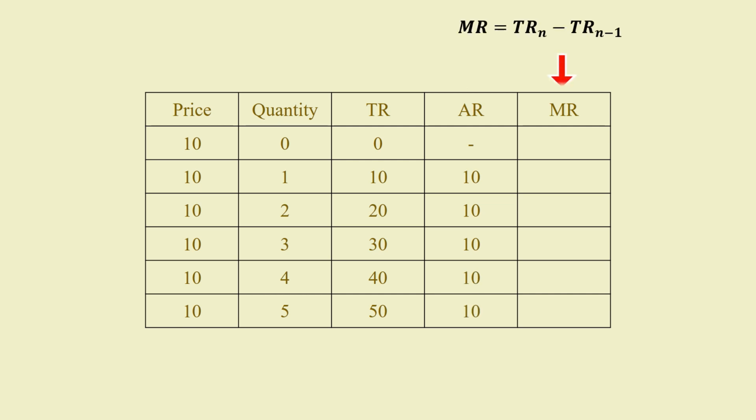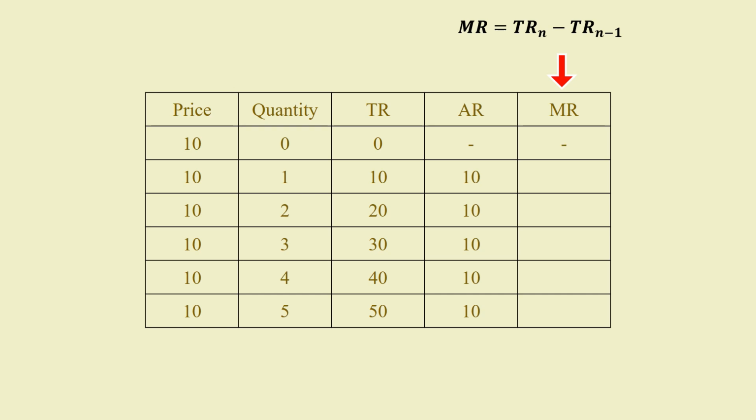Marginal revenue is present total revenue, that is total revenue of n units, minus previous total revenue, that is total revenue of n minus 1 units. Marginal revenue for zero quantity cannot be calculated, so here also we put a dash mark.